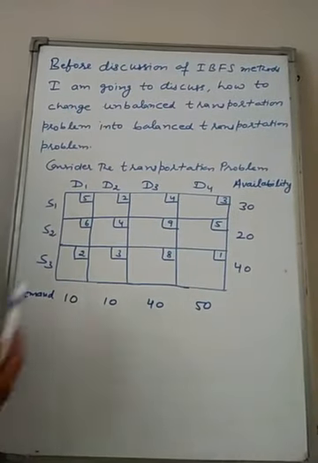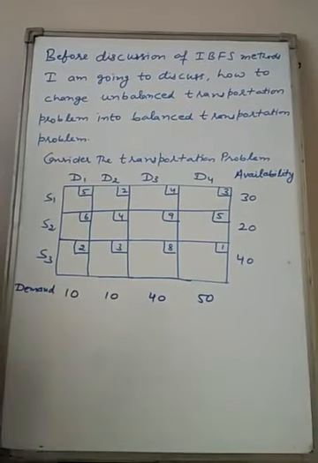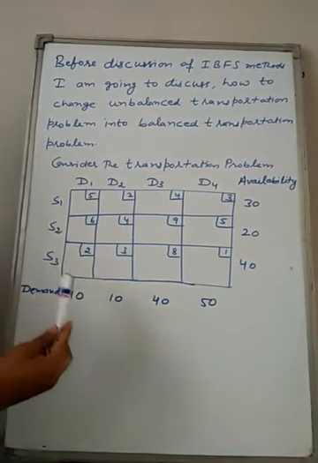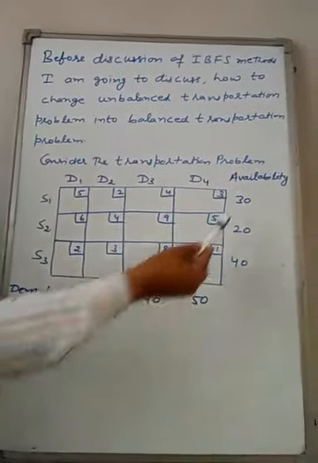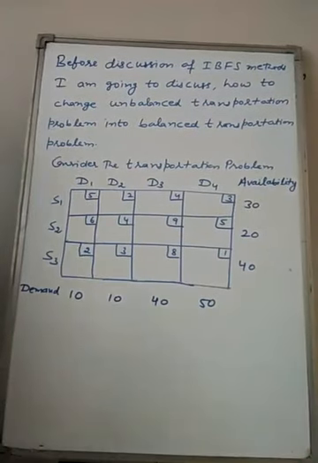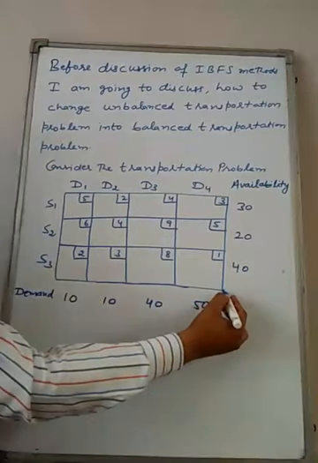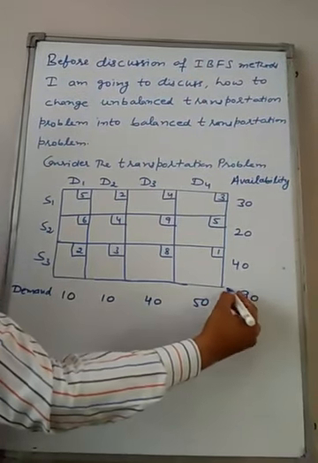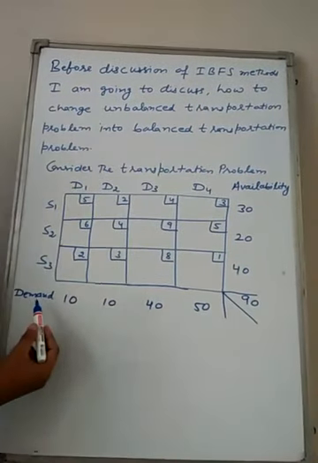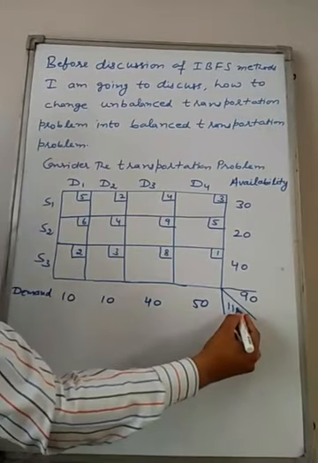Firstly, we will check whether the problem is a balanced or an unbalanced transportation problem. In the last video, I discussed that a balanced transportation problem is one in which total availability is equal to total demand. Here, total availability is 30 plus 20 plus 40, that is 90. And the total demand is 10 plus 10 plus 40 plus 50, that is 110.